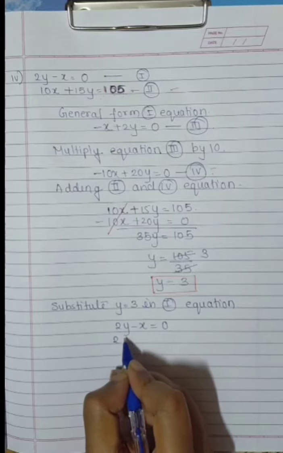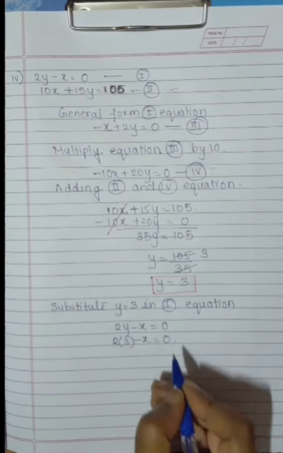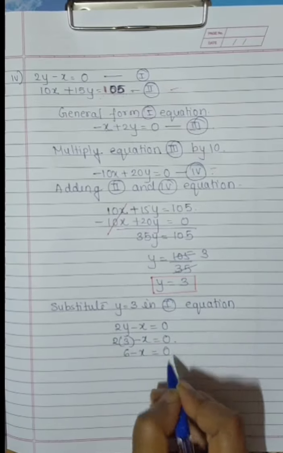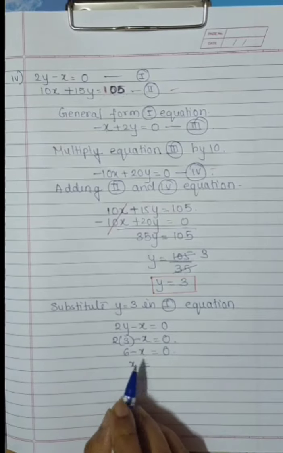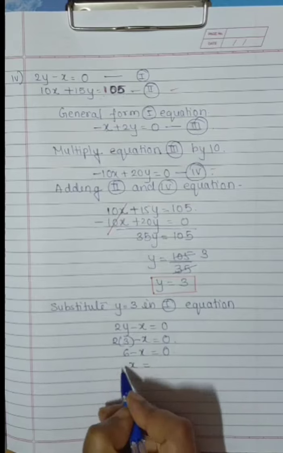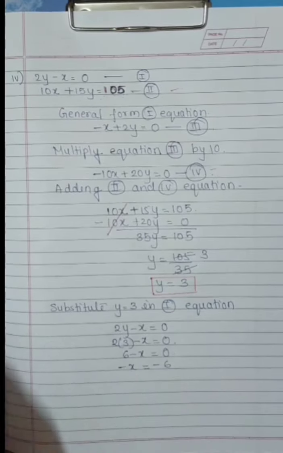In the place of y we will write 3: 2 times 3 minus x is equal to 0. Now here 6 minus x is equal to 0. Now x is equal to 6, this will come to this side. So positive x will become negative x. Now these both get cancelled.